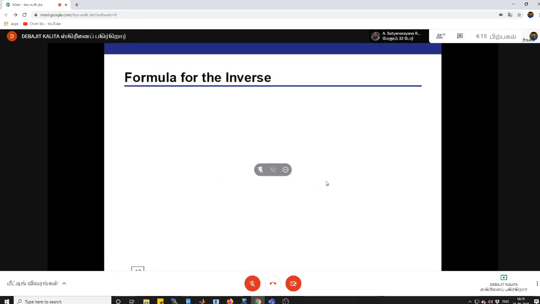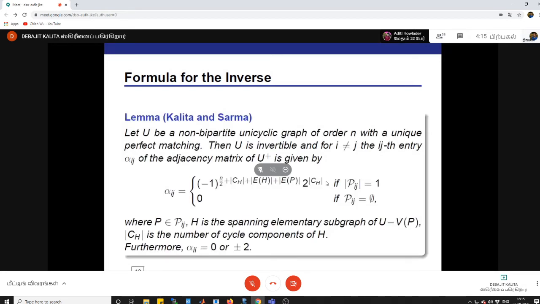With this terminology, we have given a formula for the adjacency matrix of the inverse graph for a non-bipartite unicyclic graph of order n with a unique perfect matching.